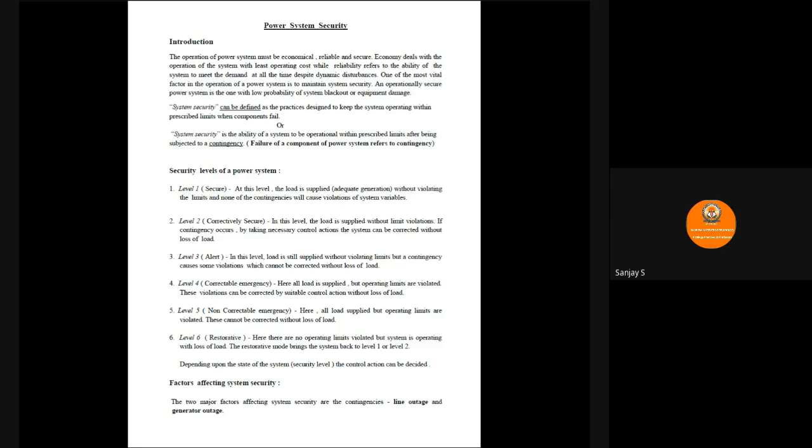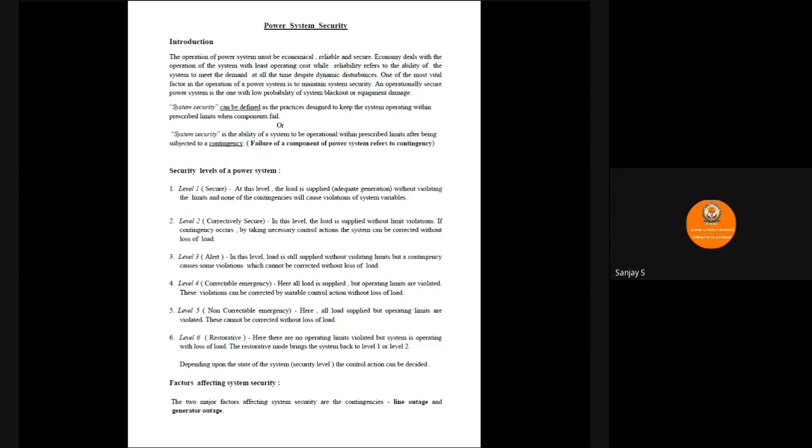That's why it's called correctively secure. Level 3 is called alert mode. In this case, load is supplied without violating the limits, but a contingency may cause violations which may be corrected without loss of load. The contingency will cause deviation in system variables like frequency and voltage. So this is called alert mode.